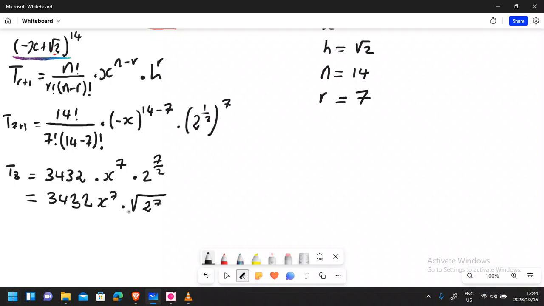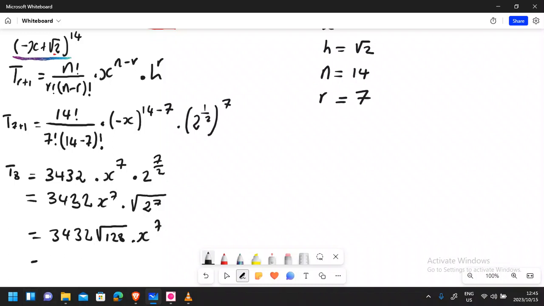Okay, you can leave it like this. I think this is also correct, but you can also leave it like this as well, where you have 3432, and then what is 2 to the power of 7, which is going to give us 128, and then x to the power of 7. You can leave it like that, it's also fine, guys.